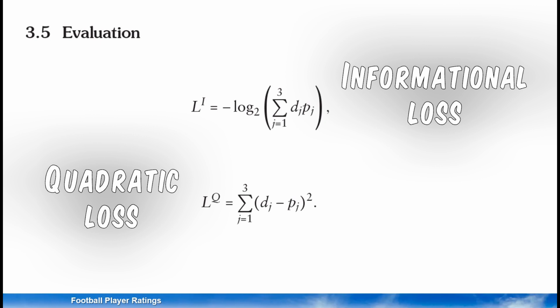That is, they consider the predictions pj for each outcome j, and compare them to the actual outcomes, here denoted by dj, where dj is equal to 1 if outcome j happened, and dj is equal to 0 if outcome j did not happen. Both loss functions are proper scoring rules. That is, if you want to minimize the expected value of the loss, you should provide the true probabilities pj.